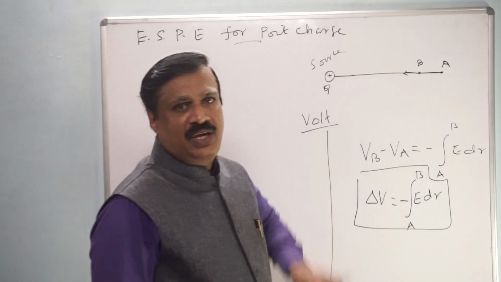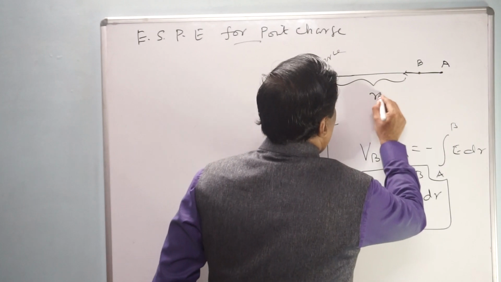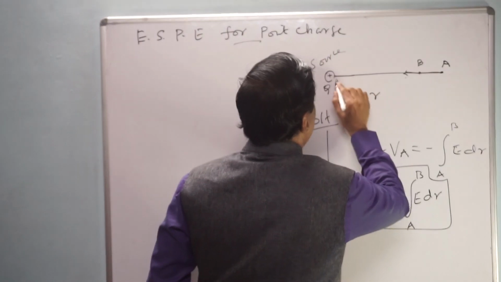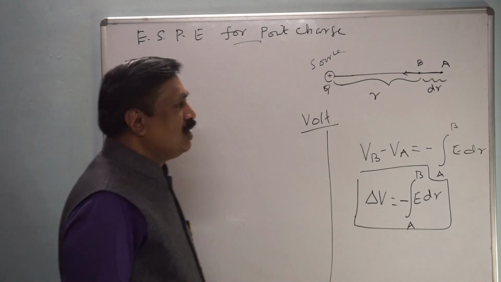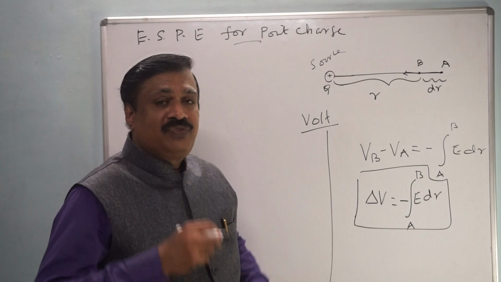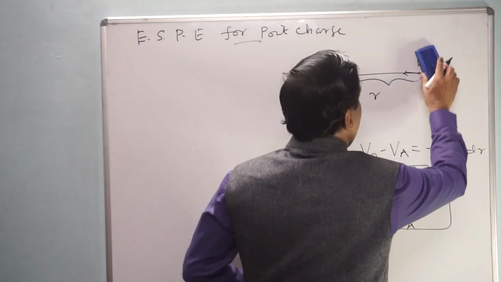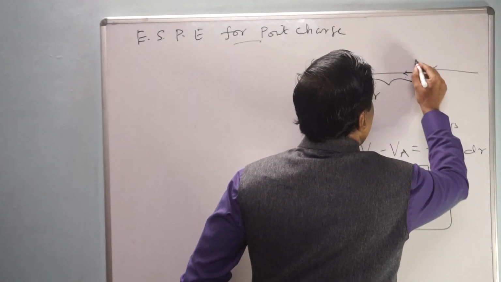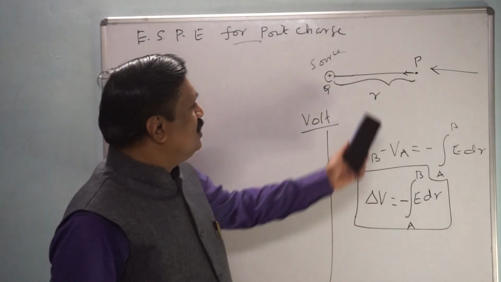From here to here. Let this point be R, and this distance be dr. Or if the point charge is brought from infinity to a particular point, then you have to consider only this point and infinity, infinity to particular point P. In both ways you can derive, but this derivation is very simple.